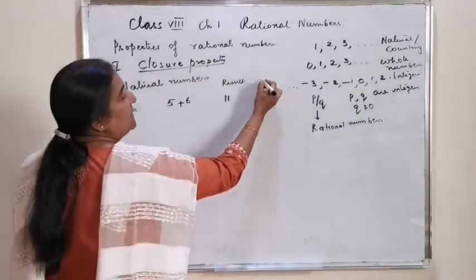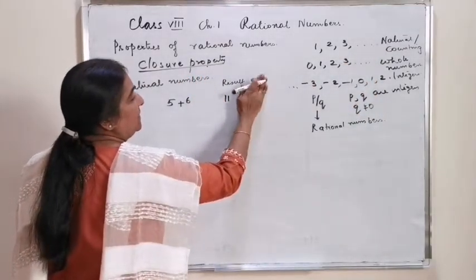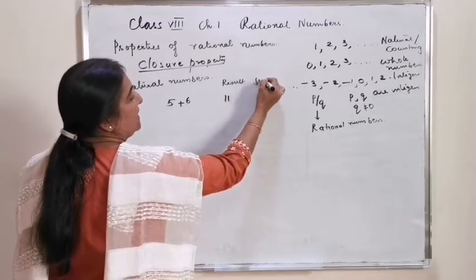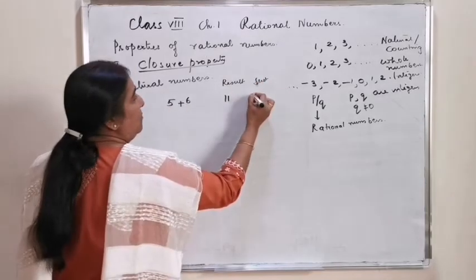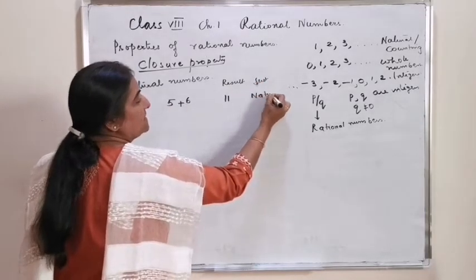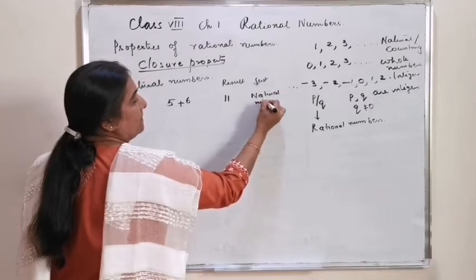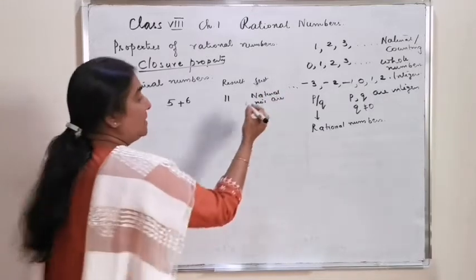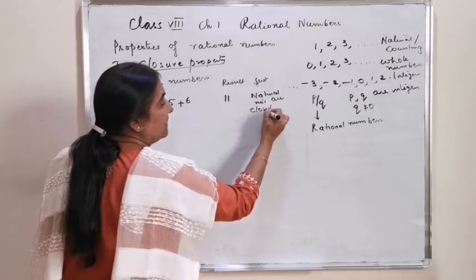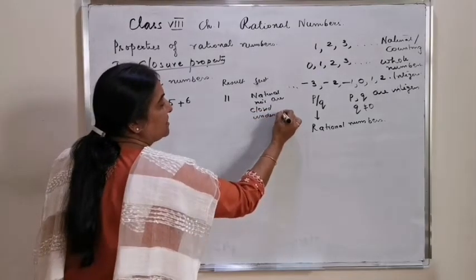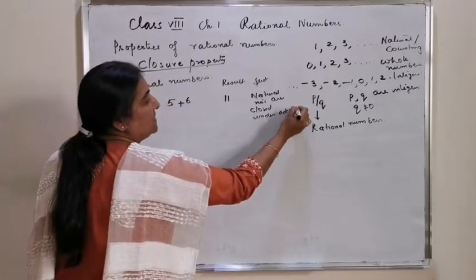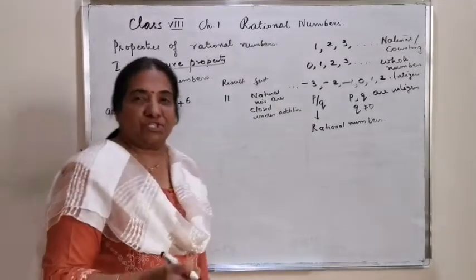So the justification is, natural numbers are closed under addition. That is, addition satisfies closure property.